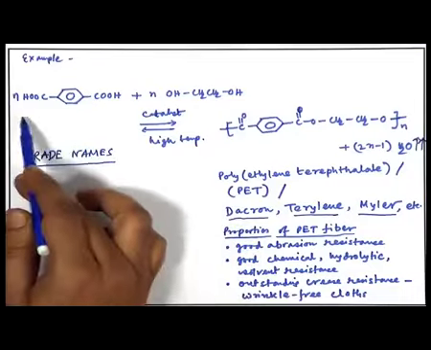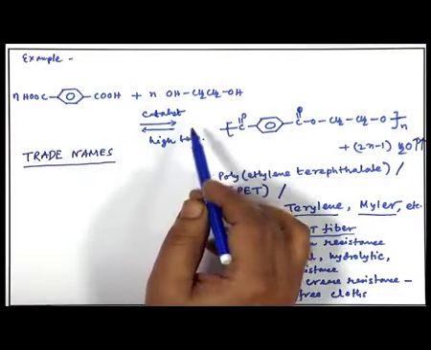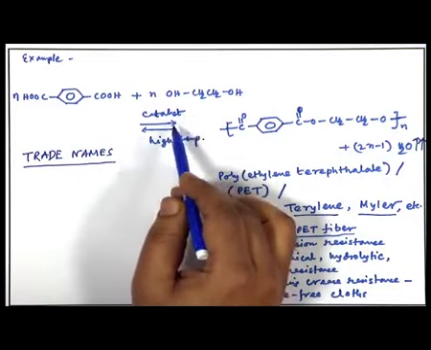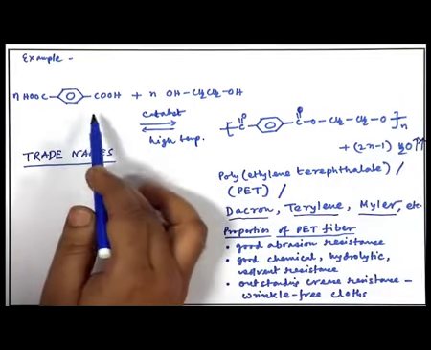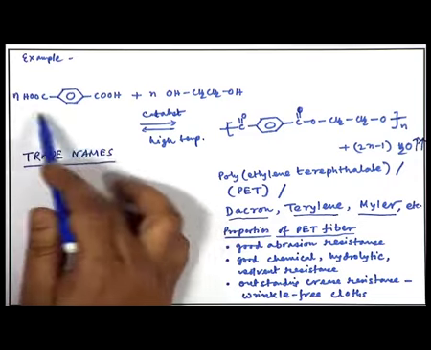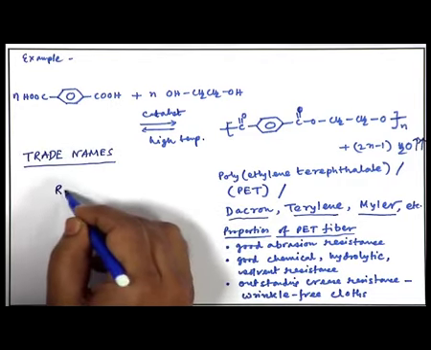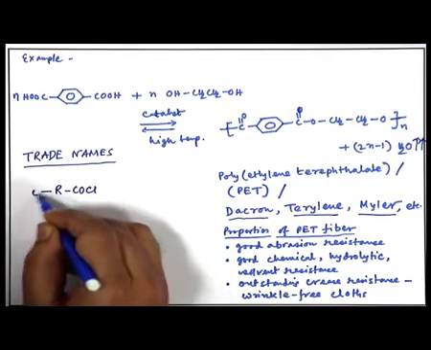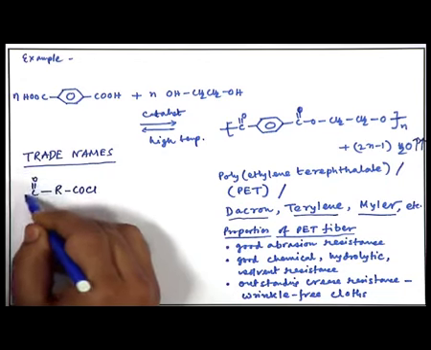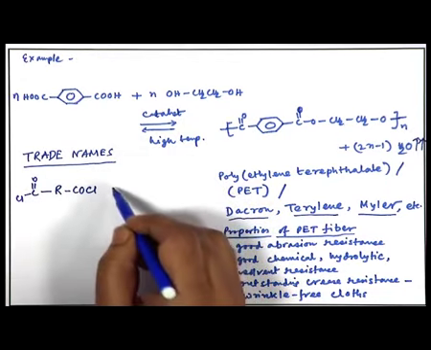Now, in this case we have seen this reaction is not very feasible, as we said. So, we require high temperature and we have to take out the water. To make this more feasible, sometimes instead of dicarboxylic acid, we can use acid chloride, diacid chloride, and react with diol.